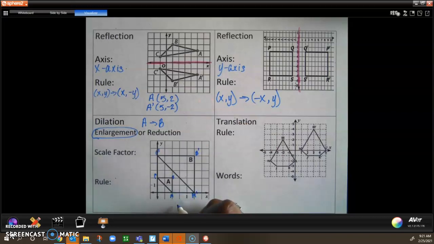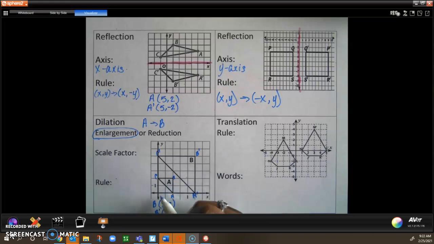And let's take point B. So you have B is (2, 2). And B prime is (5, 5).